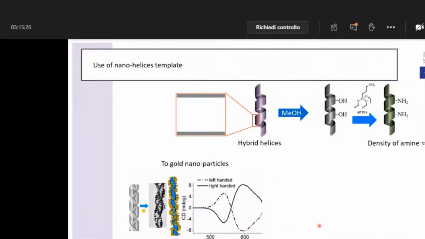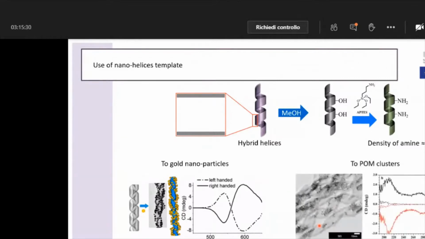You can also go to smaller particles like clusters, with POM clusters, and you also have induction of chiroptical property on the absorption of POM. But another challenge was to go to even smaller objects, and our idea was to go to organic chromophore.